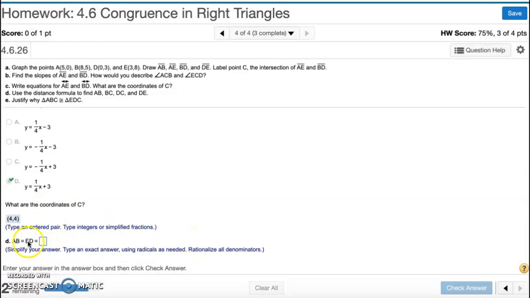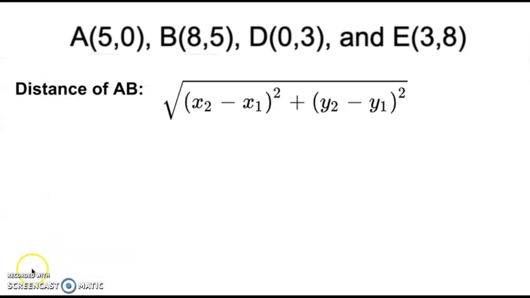Now it wants the length, and the use of radicals is needed. So let's find the length. It says AB is equal to ED. To find the distance of AB, I have to use the distance formula, and I'm going to use the coordinates for A and B. The x-coordinate for A is 5, the x-coordinate for B is 8, so 8 and 5 are going in here. The y-coordinates of A and B are 0 and 5, and they'll go in for y's.